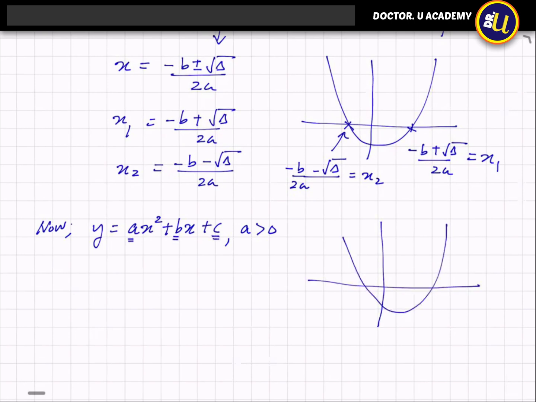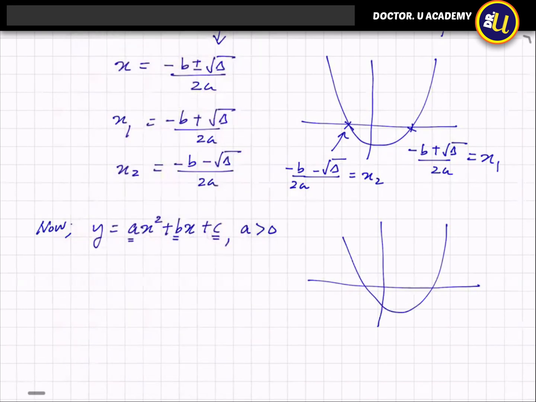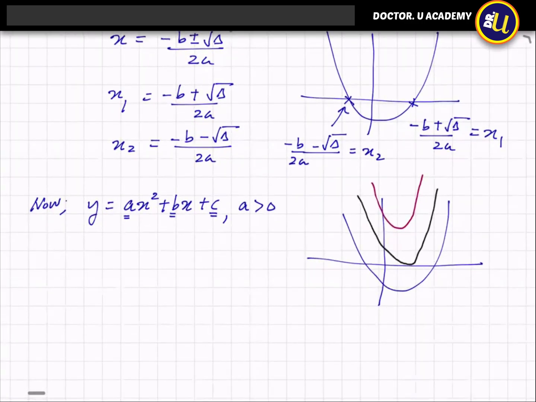So depending on these values, the graph can be like that, or the graph can be like this, or the graph can be like this. So there are three possibilities we can satisfy this equation.